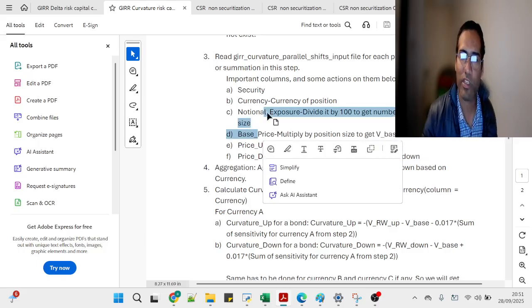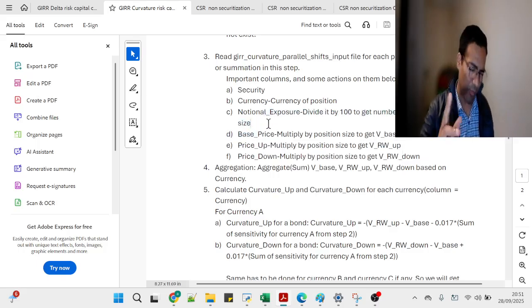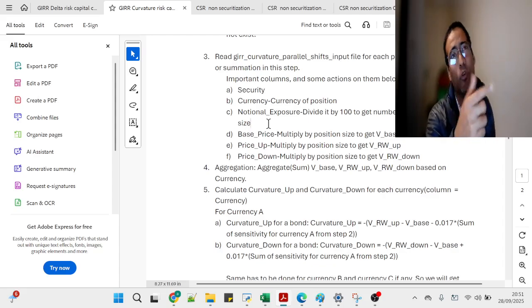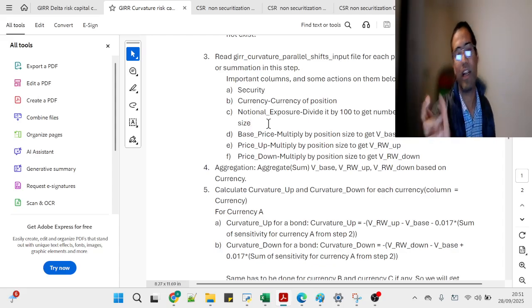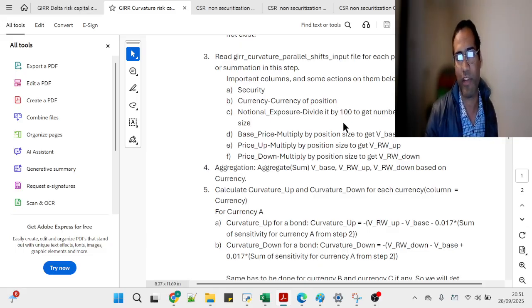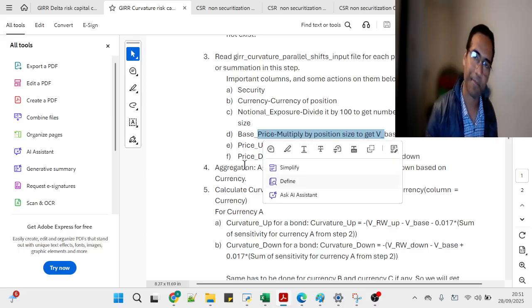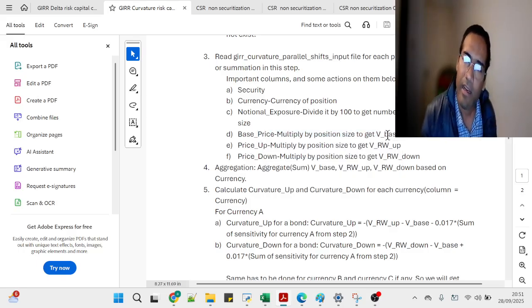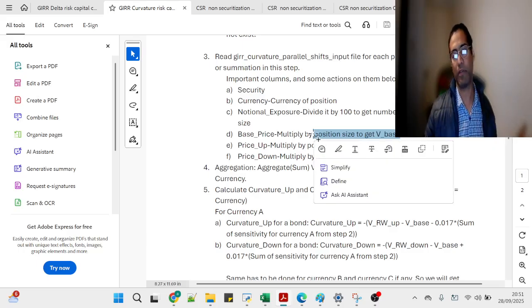There is a notional for each bond. If you remember, the notional was 2000 for each bond, and if you get the number of bonds, then divide by 100, assuming that face value was 100. Currency of bond, base price, multiply by position to get base price. So this is the base price of the bond, the price today.